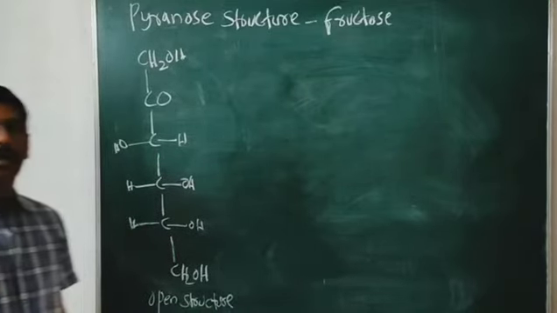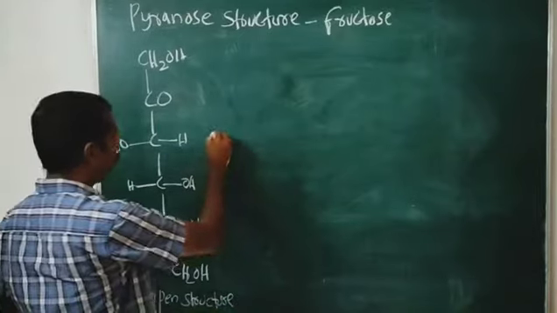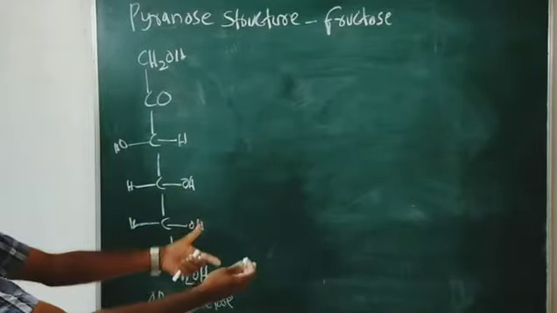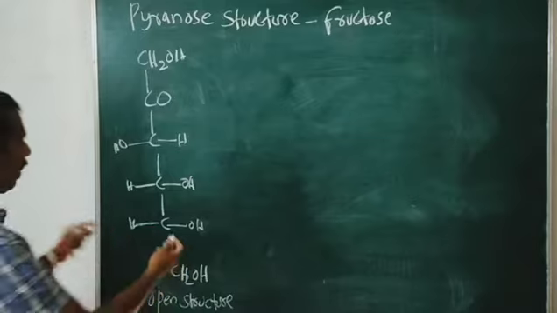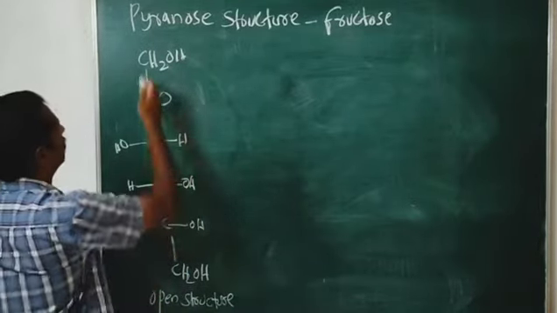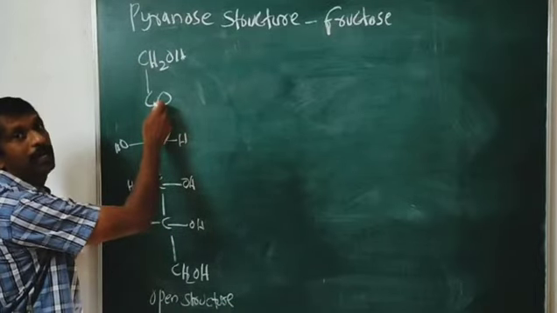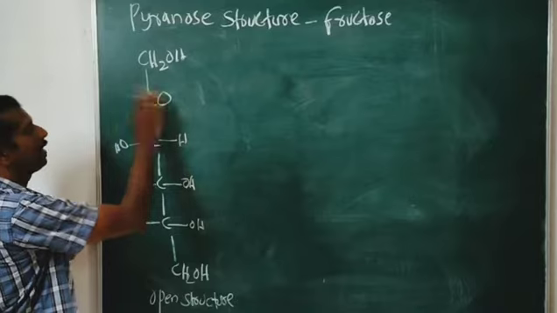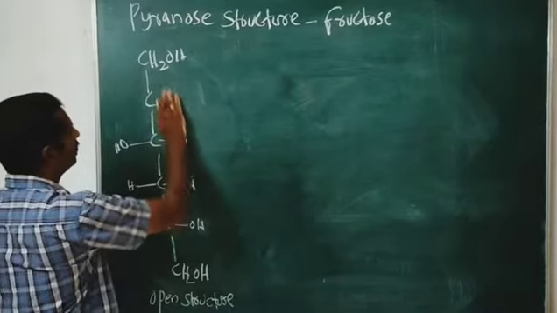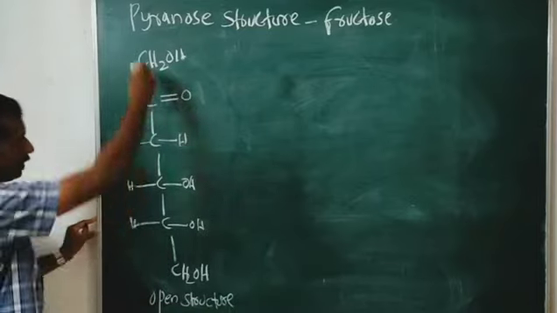Now we know that the OH group present on the fifth carbon, 1, 2, 3, 4, 5, will interact with the carbonyl carbon. That means in the actual structure of fructose, CO means C double bond O. Clear? This is the open structure.